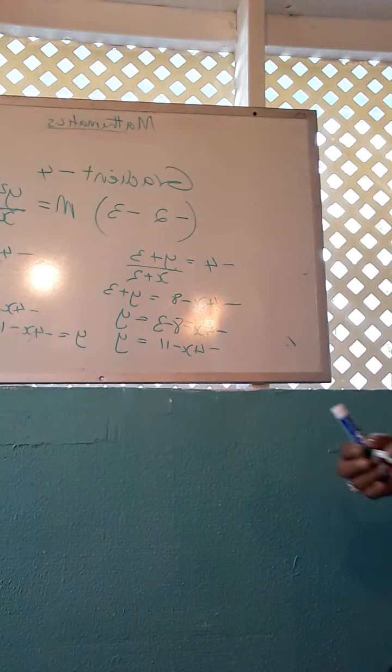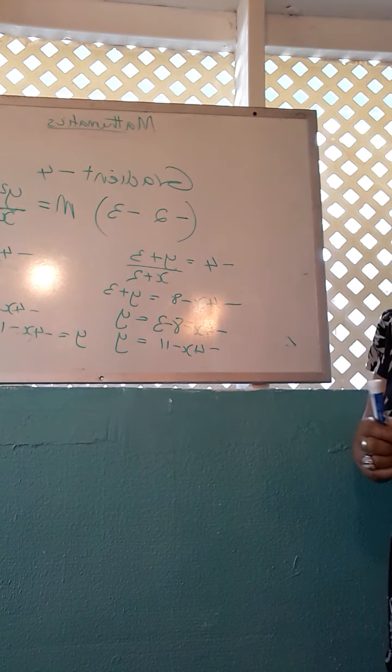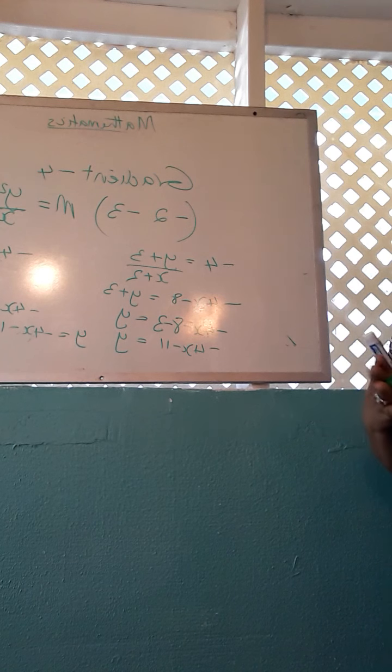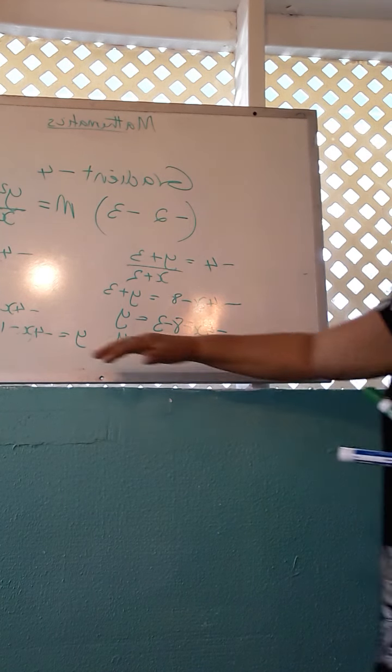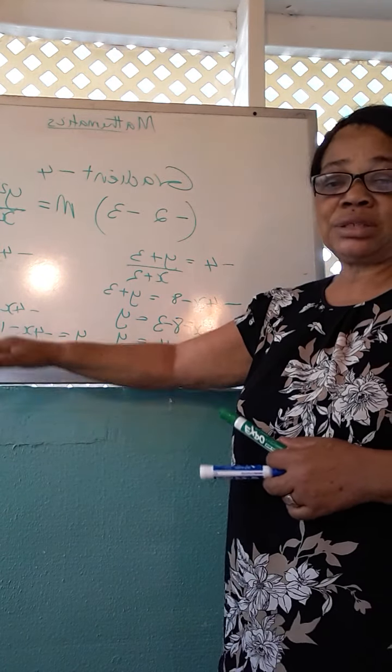So y equals -4x minus 11, and there goes the equation of my line. So I can find any y value using this equation, y equals -4x minus 11.